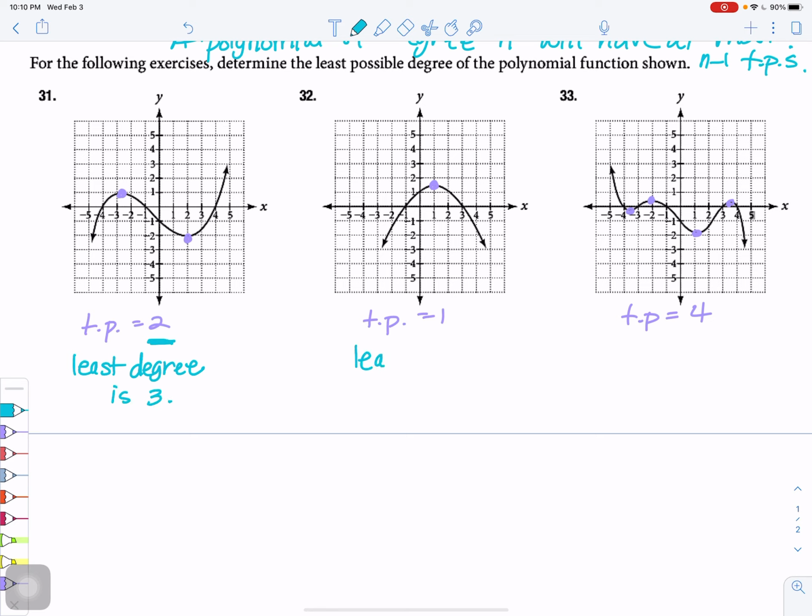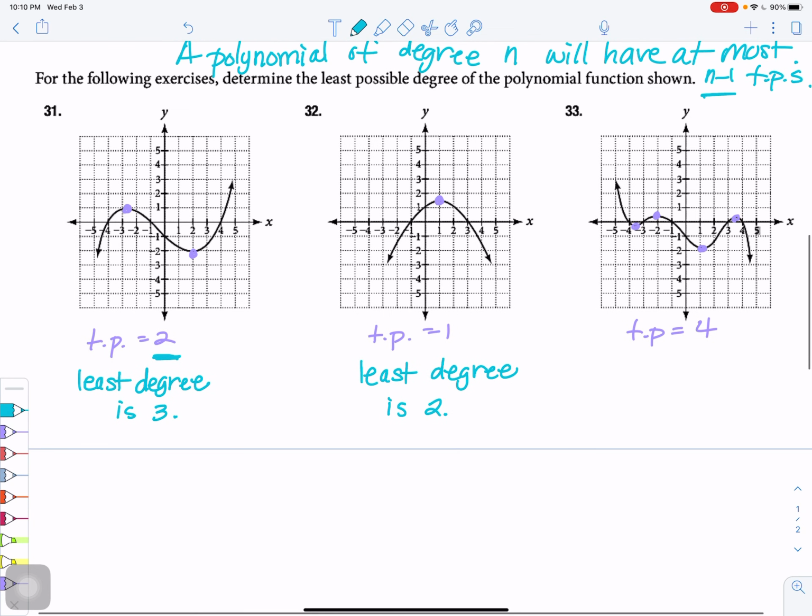The least degree, when you have 1 turning point, is 2, right? Take the degree, n minus 1. So 2 minus 1 is 1. 3 minus 2 is 1. 3 minus 1 is 2.